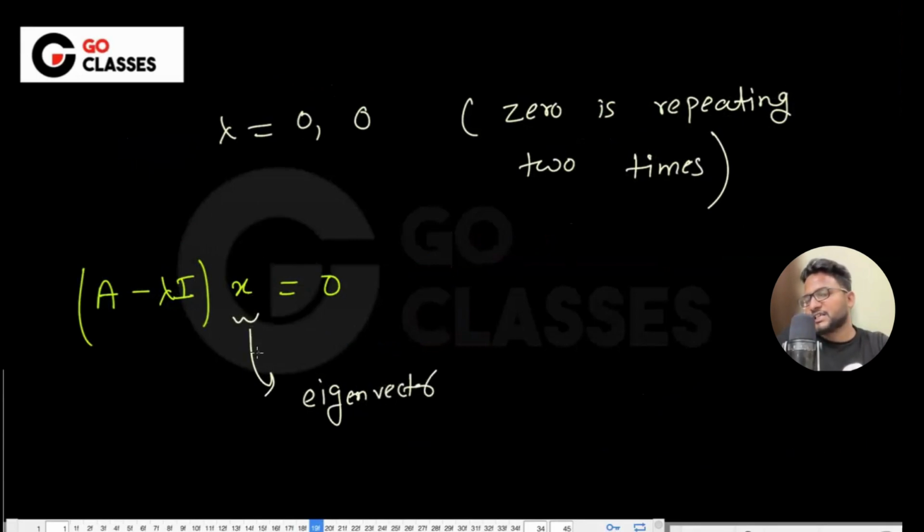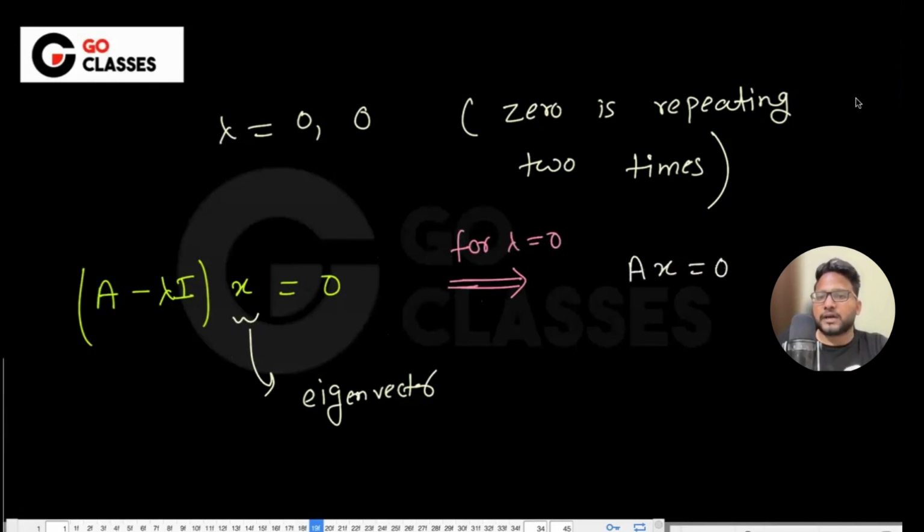Any x which satisfies this is called an eigenvector. Now, if lambda equals 0, then this is as good as saying Ax equals 0. Let me know if that is fine to everyone.